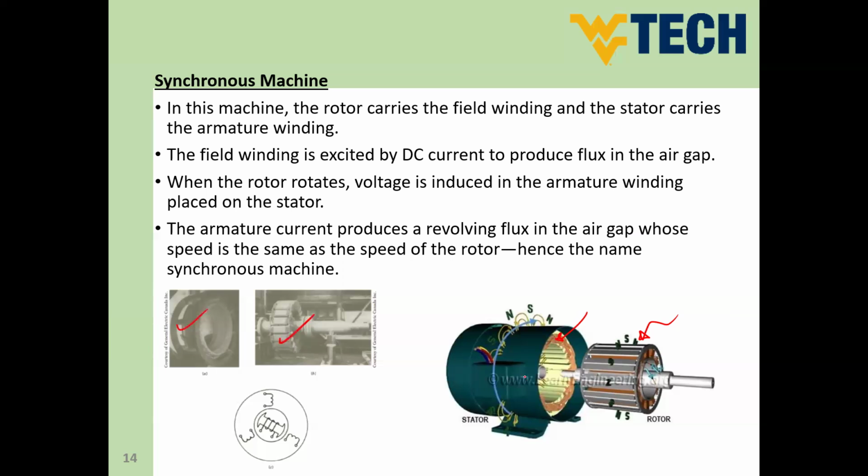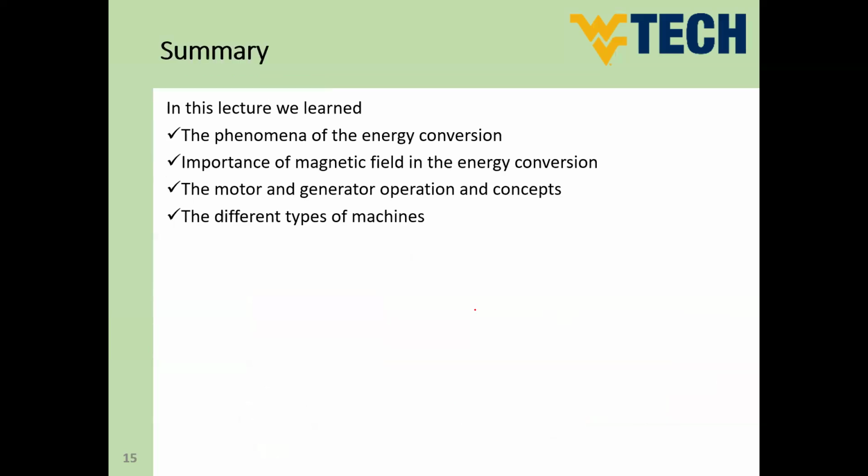The majority of power will be on the armature winding, which is located inside the stator slots right here, and this will generate the electricity or will be connected to our loads after that. Okay, so this is the shape of the synchronous machine.